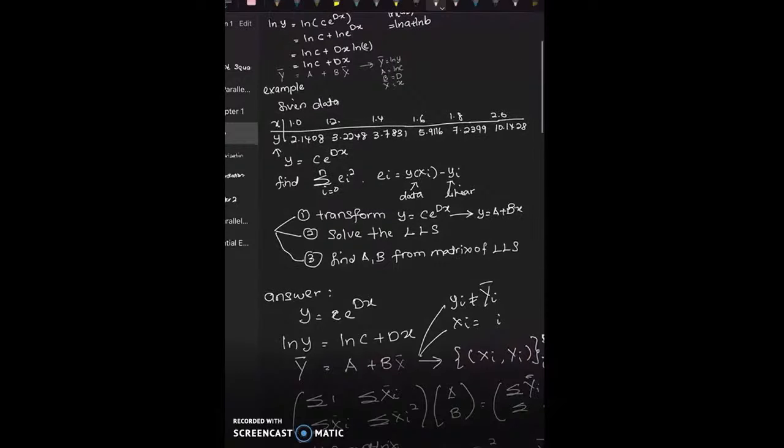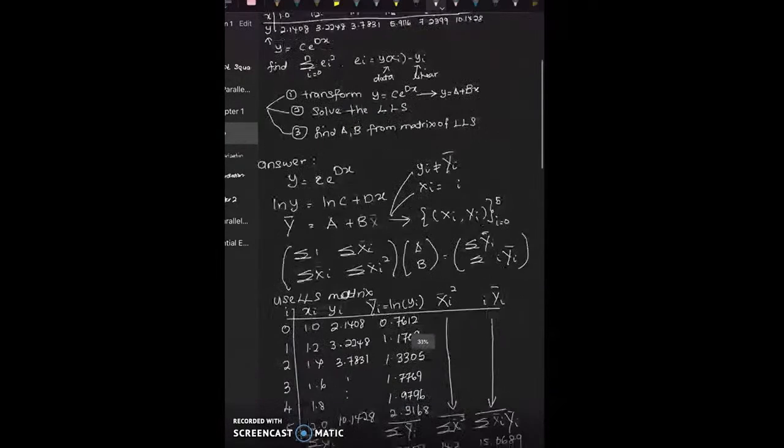When we take ln of both sides, you get ln y equals ln c plus dx. We can match that: ln y is y bar, ln c is a, and b is d. Now we have the data already, and we do the linear least square method.